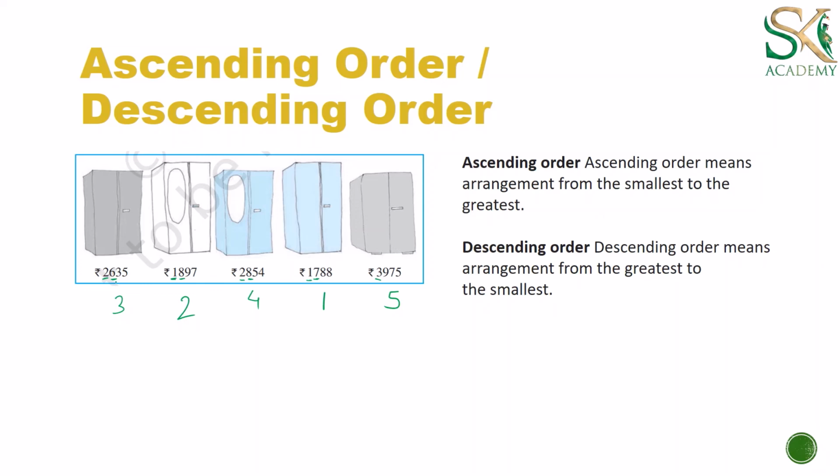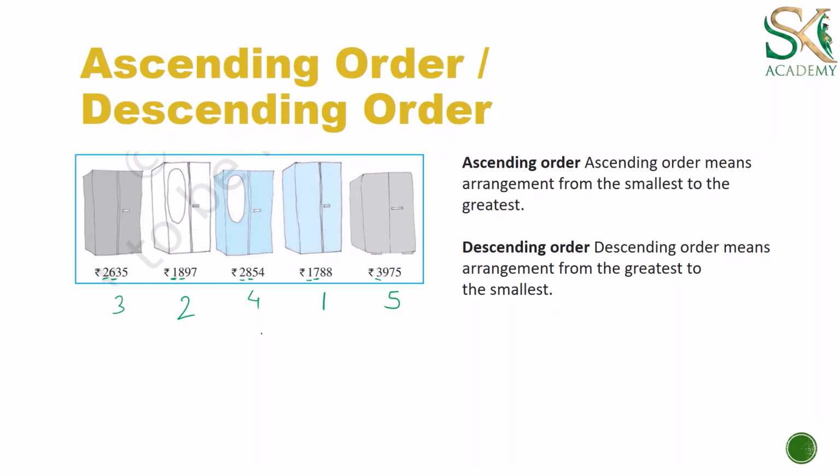That means 6 is smaller than 8. So my next highest above this number will be 2635, and my next highest number will be 2854. What is the left out number? Obviously, 3975.